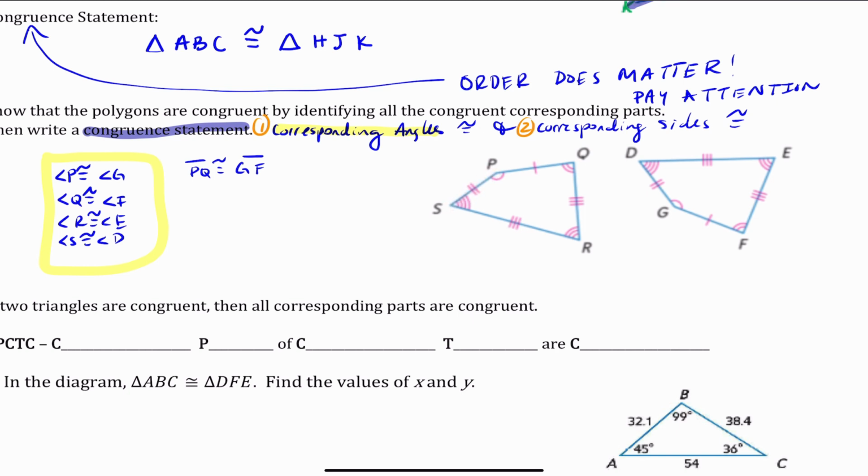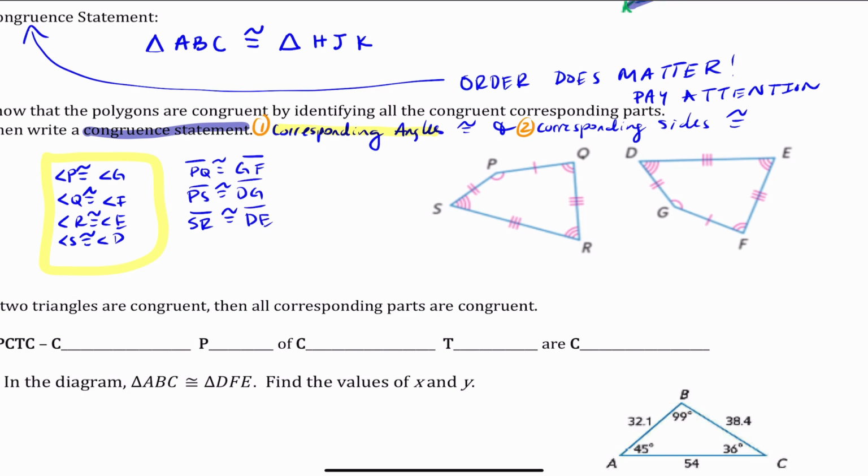Segment PS is congruent to segment DG. And then segment SR, since it has 3 arcs, it's congruent to segment DE. And don't forget to write the segment bar.